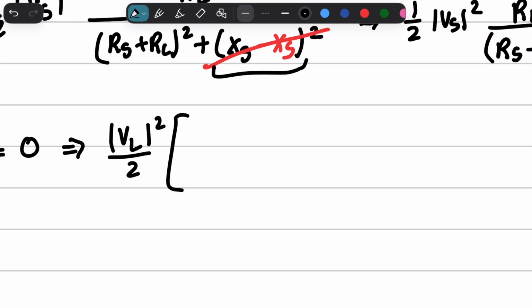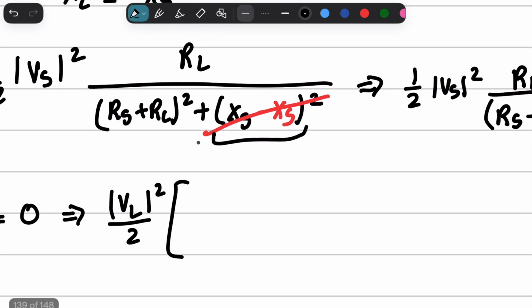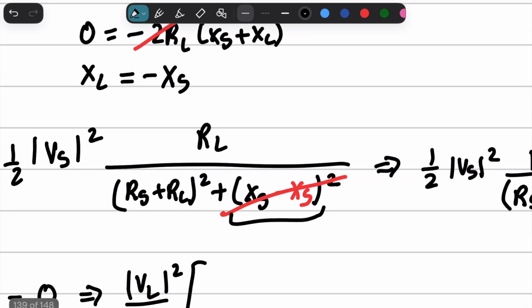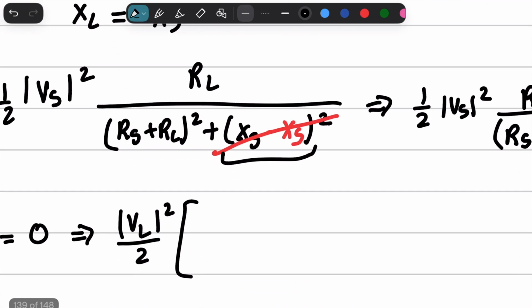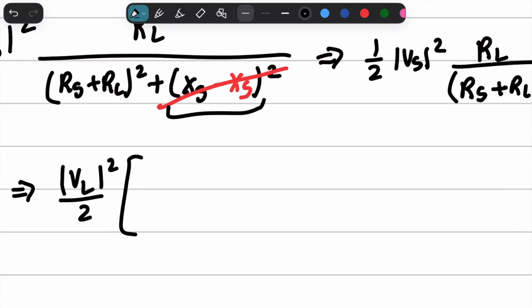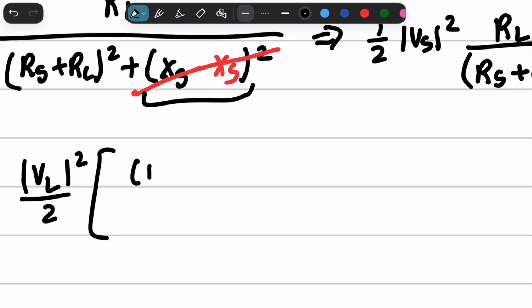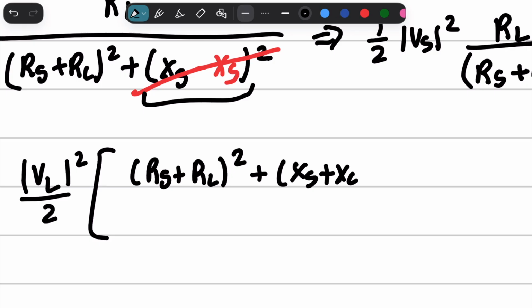And this time, we're going to say the low times the derivative of the high, and the derivative of the high is just 1. So we're going to get RS plus RL squared plus XS plus XL squared times 1.